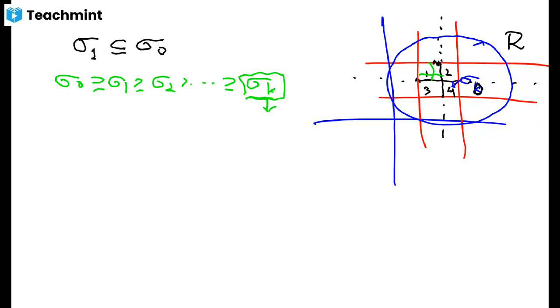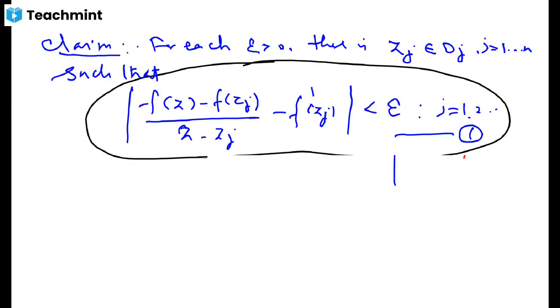It should not continue further. But suppose there is no end to it. That means this process continues throughout, but at every step we are finding a subregion where that inequality is not satisfied.